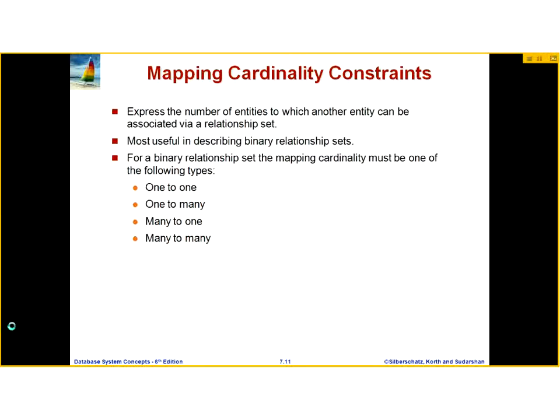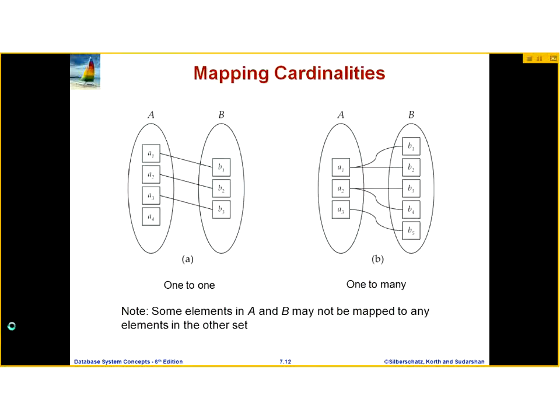Then I told you about the cardinality constraints. I told you that for binary relationships we can map cardinality in one of the following ways: one-to-one, one-to-many, many-to-one, and many-to-many. This slide is showing you two types of cardinalities, one-to-one and one-to-many.